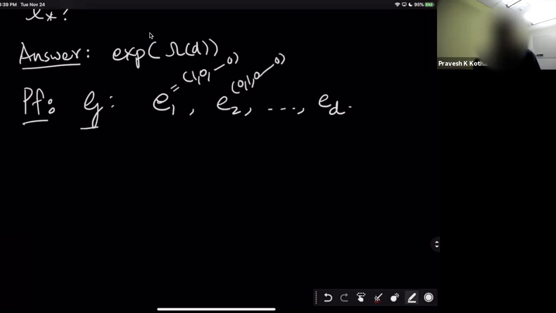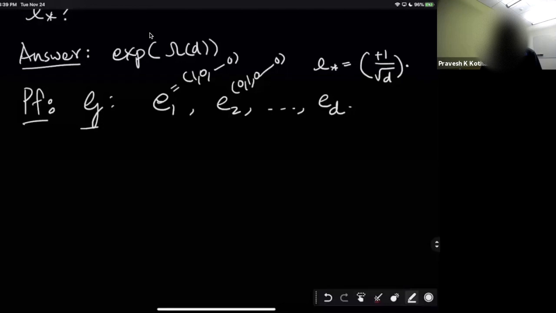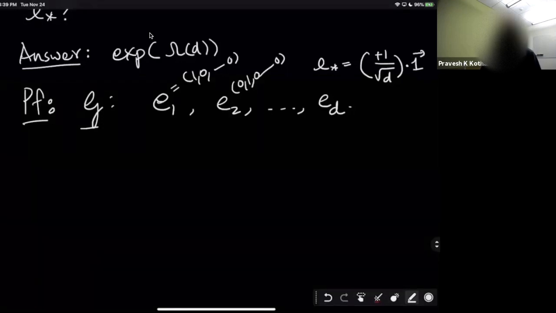My x_i's in the good part are simply going to be these standard basis vectors. And my L star is going to be 1 over square root D times the all ones vector. The 1 over root D is just to scale them down so that they behave like unit vectors. This is just to fix norms.